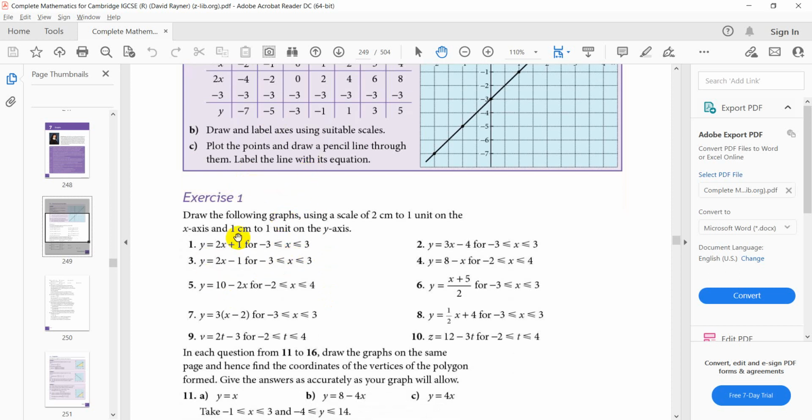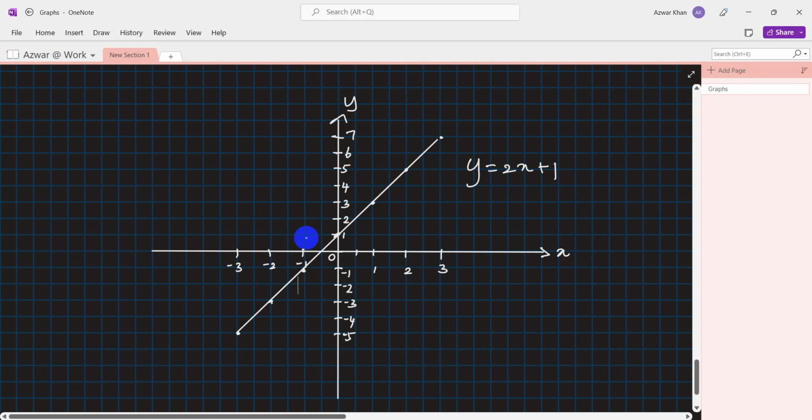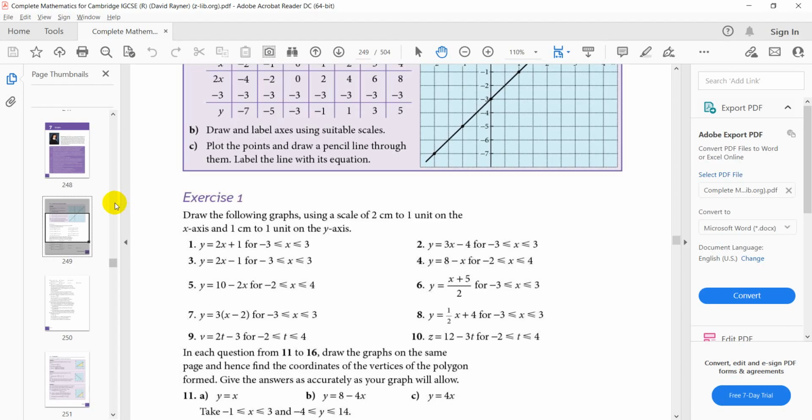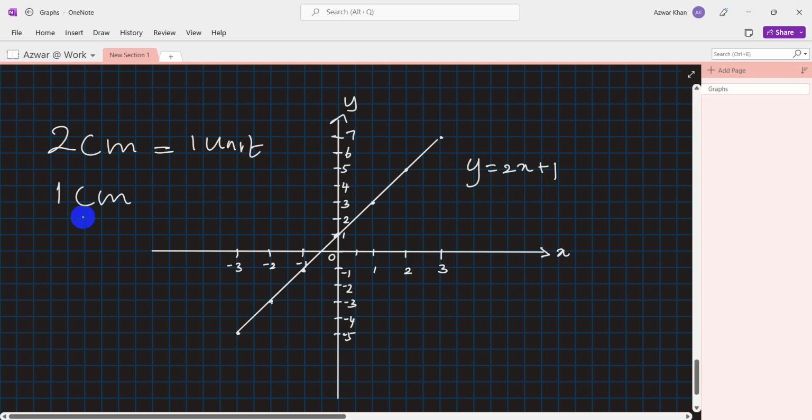In the exercise you can see they have mentioned to draw the following graphs using a scale of 2 centimeters to 1 unit on the x-axis and 1 centimeter to 1 unit on the y-axis. So here it's specifically mentioned that on the x-axis you must take 2 centimeters as 1 unit, and 1 centimeter to 1 unit for the y-axis.